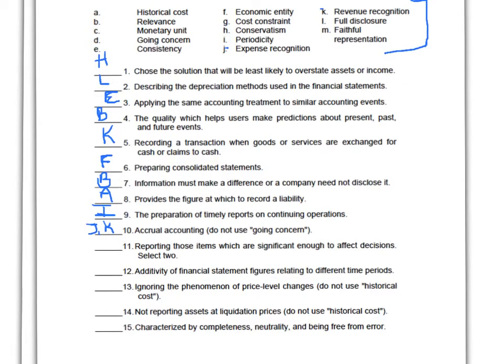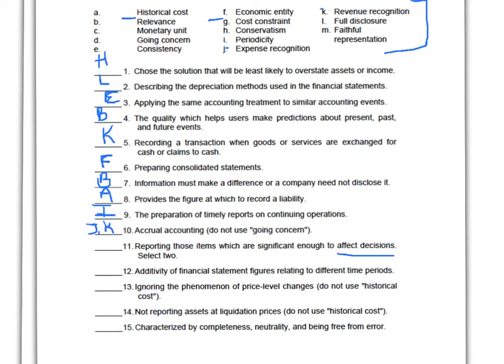In number 11, recording those items that are significant enough to affect decisions, select 2. Okay, so this is number 11. So relevance matters. Is it big enough to affect a decision? Clearly relevance means it affects a decision. Another one would be cost constraint.